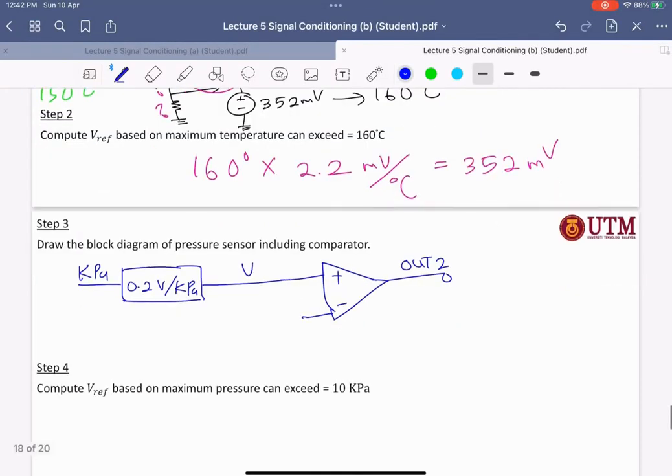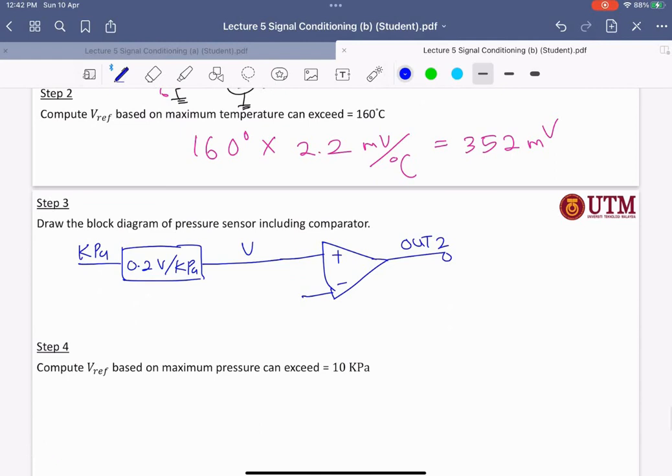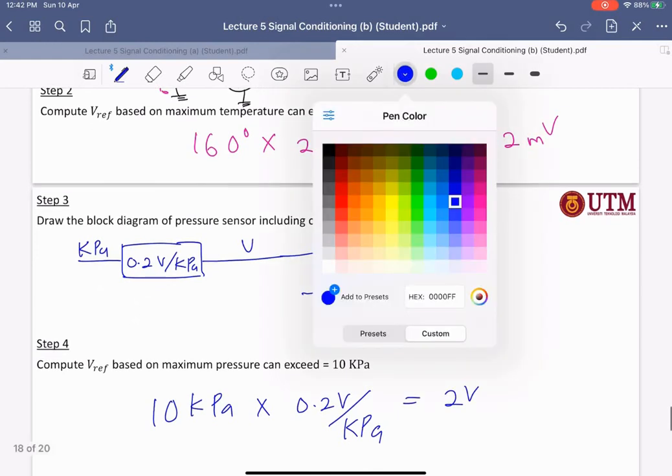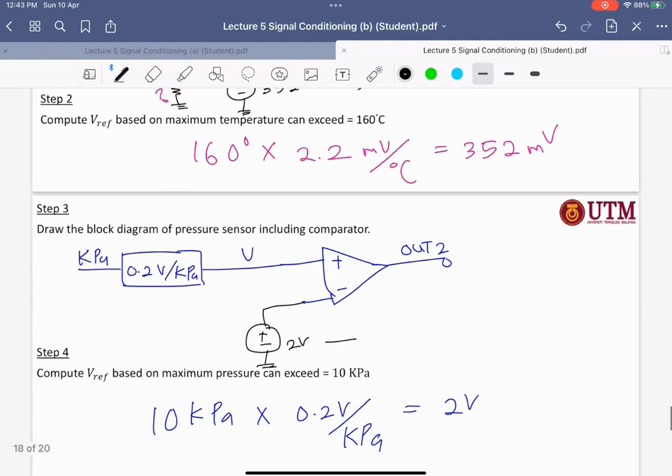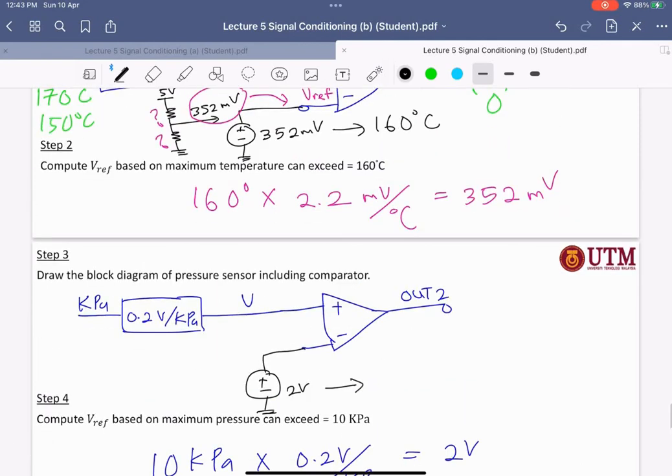Now we set the limit at 10 kPa, so you multiply by 0.2 volt per kPa and you have 2 volt. So you need another source, set at 2 volt here, which represents 10 kPa.